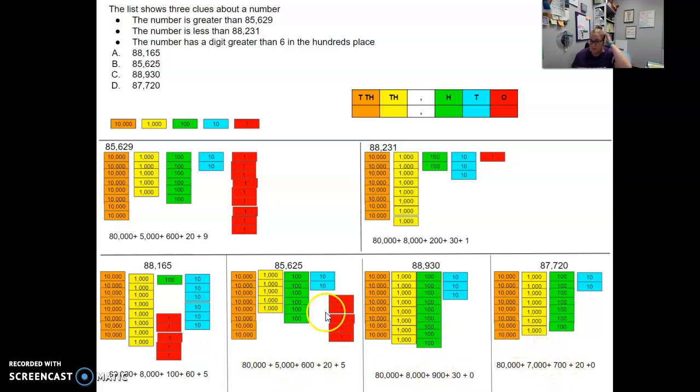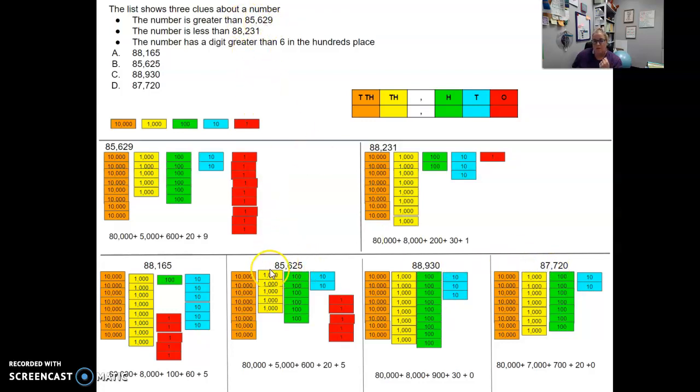So if I am looking at this, I know that 88,000 is greater than 85,000. So I know I'm not going to cross this one off. This one is 85,000 also, so it's a contender. I might be able to use it. This one's 88,000. Again, I can't cross it off yet. And 87,000, I'm not going to cross it off because I'm looking for something smaller.